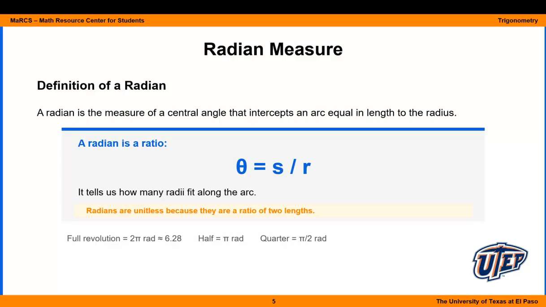How many would fit all the way around the circle? We know the circumference is 2πr, so the number of radius-length arcs around the circle would be 2πr divided by r, which is equal to 2π. That means that a full circle equals 2π radians, or about 6.28 radians. This is why radians connect so naturally to the geometry of circles.